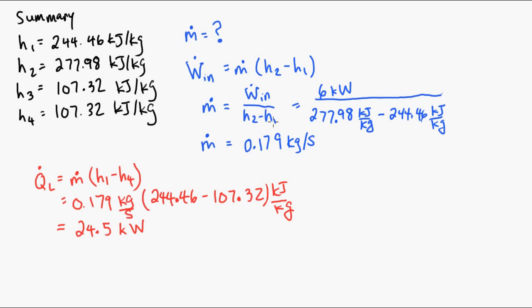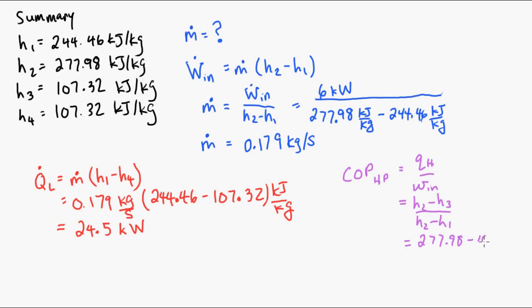The last part is to find the coefficient of performance. So for a heat pump, that's equal to QH divided by Wnet. QH is h2 minus h3, Wnet is h2 minus h1.